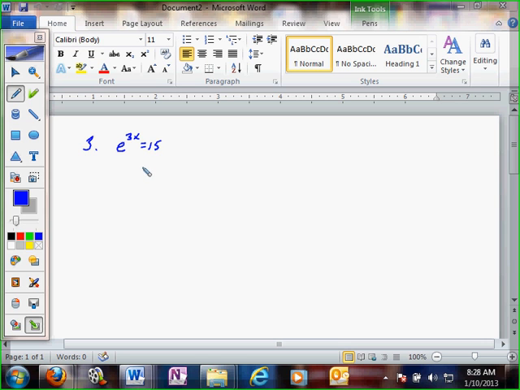And so what we want to do is take log base 10 of each side. Now that we've done that, we want to utilize the power rule, which says that this power inside the logarithm can come to the front and become the coefficient.